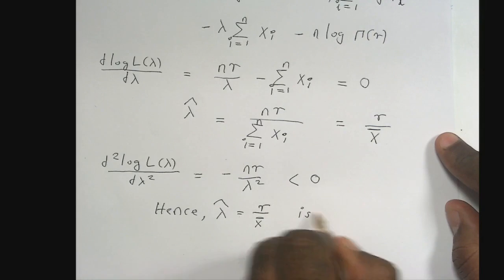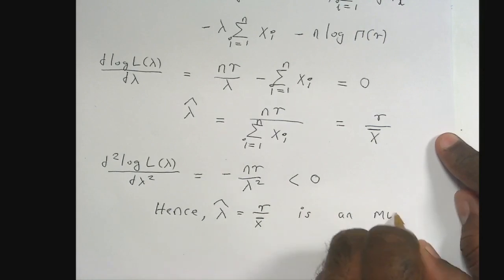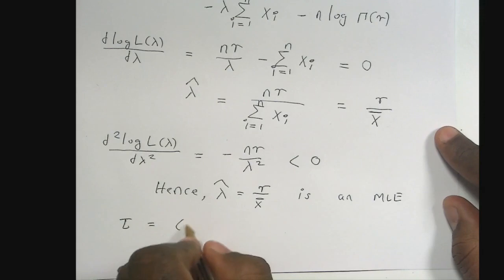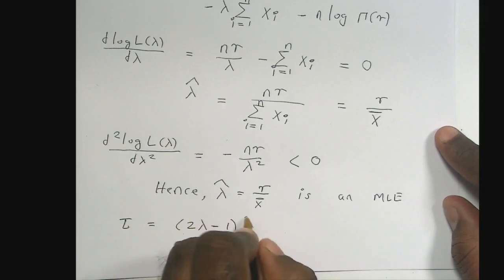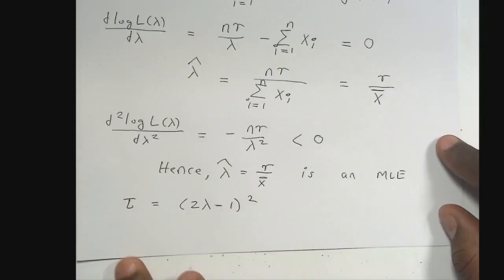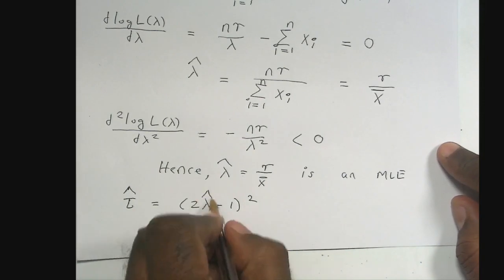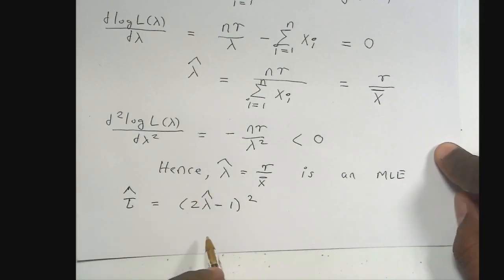Now to find the MLE of tau, you are told that tau is a function of lambda. So the MLE for tau is what you get by replacing lambda by lambda hat.